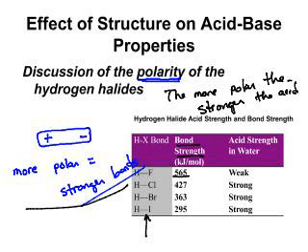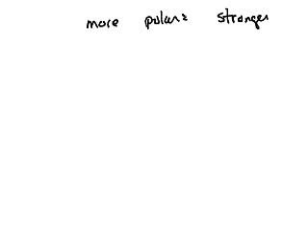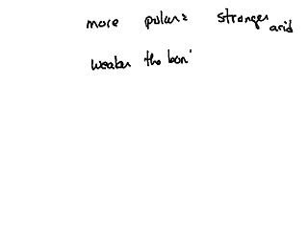So on this one, we have an interesting thing: more polar equals stronger acid, more chances for it to break up. And also we'll say this, the weaker the bond equals a stronger acid.